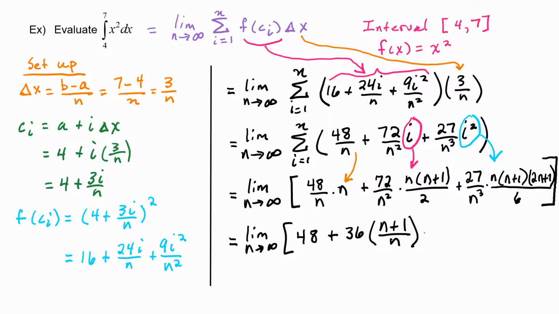Bring down this plus sign. 27 and 6 have a common factor of 3, so if I take 27 divided by 3, I get 9. 6 divided by 3, I get 2. This n will cancel one of the n's down here, and we are left with an n squared in the denominator. And then in the numerator, we need to multiply out this binomial, which is 2n squared plus 3n plus 1. Close the big bracket.